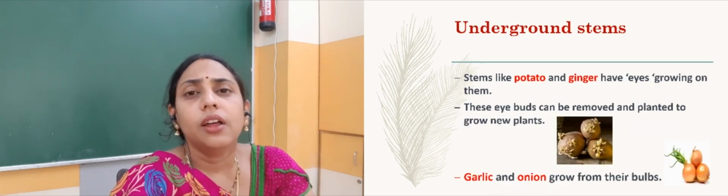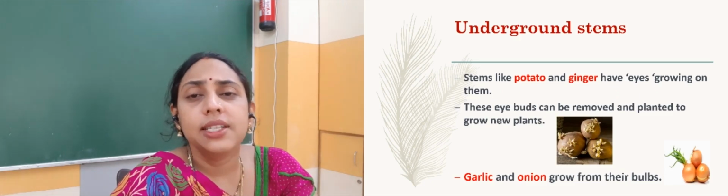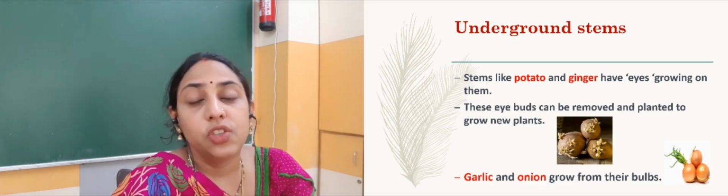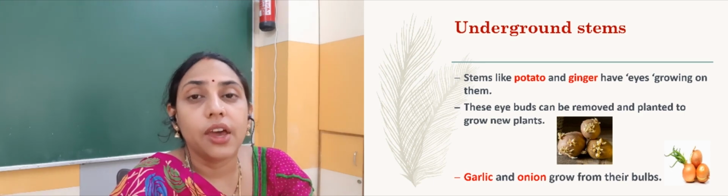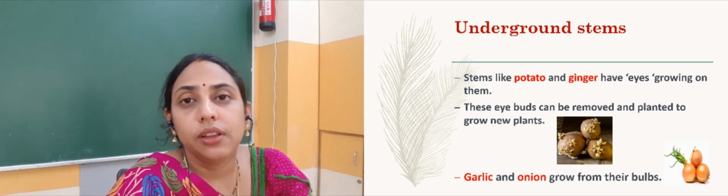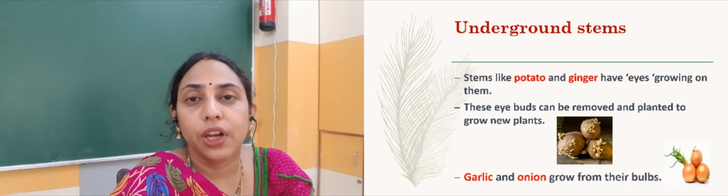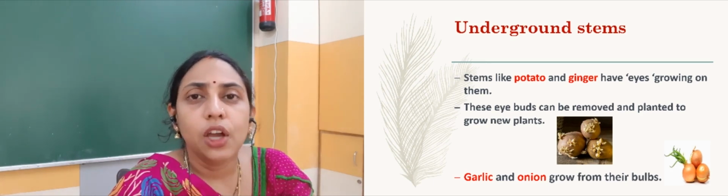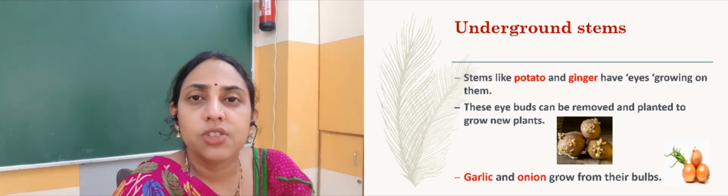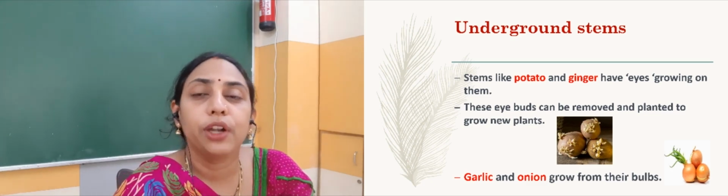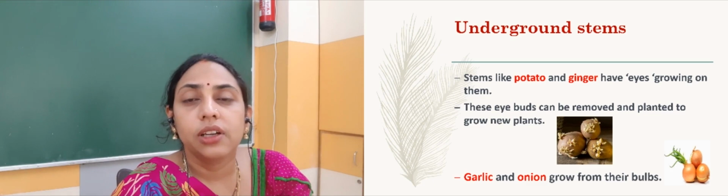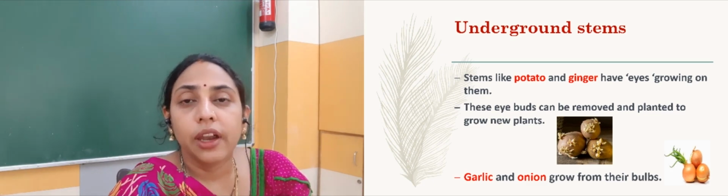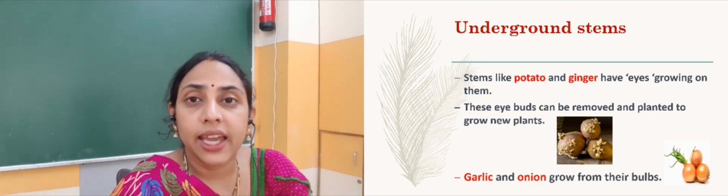Then the underground stems like potato, right, and ginger, have buds. Many times you see, if you leave the potato for some more days, you can see small white colored structures coming out from the potato. These are called buds, and the potatoes have eyes.